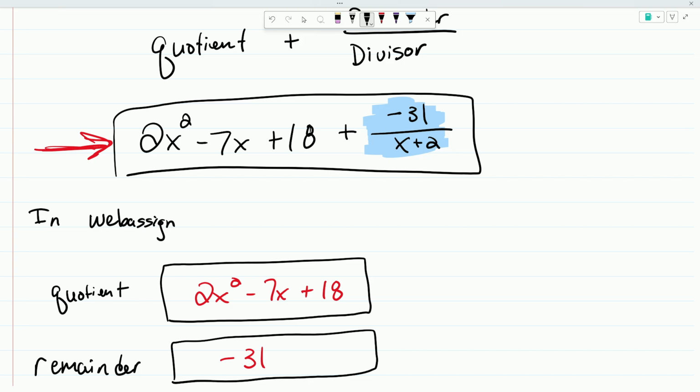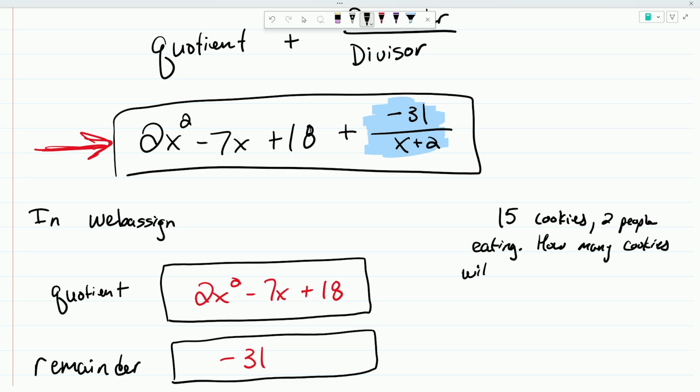In other words, if I had 15 cookies, okay, and there were only 2 of us, so 2 people eating, the question would be, how many cookies will each person get equally?